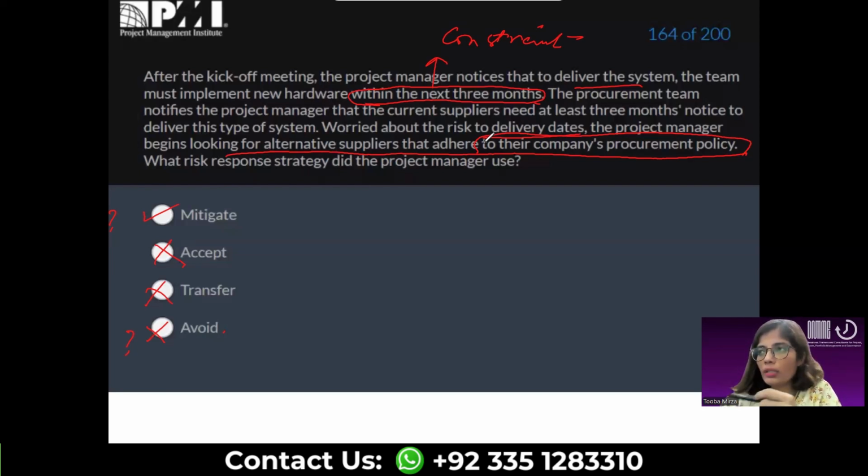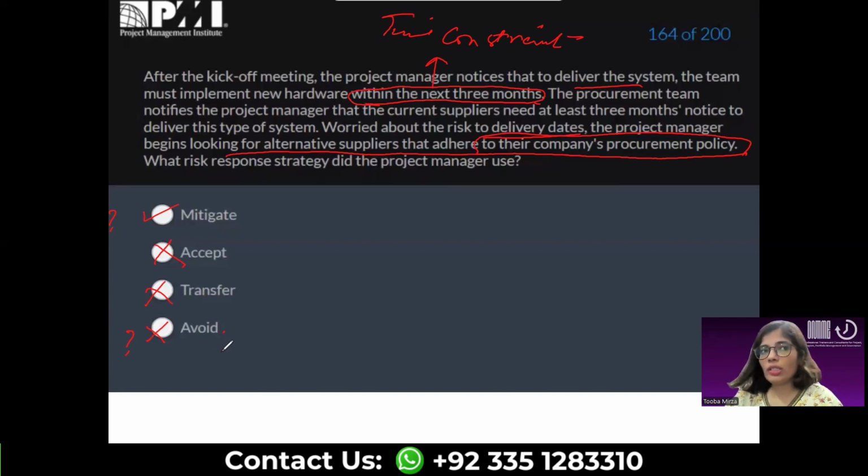He would be avoiding the risk with suppliers already selected and available in the organization who also adhere to the company's policies, because they are already in the vendor management system. That would have been avoided, but that's not the case. You have a time constraint. You don't have the flexibility of time available, right? So this is not avoid.